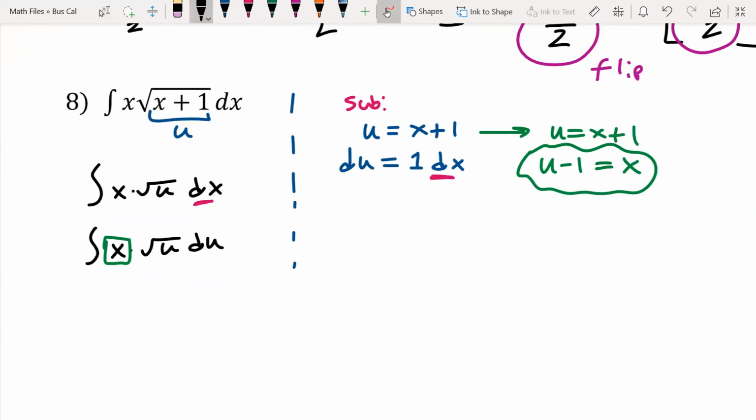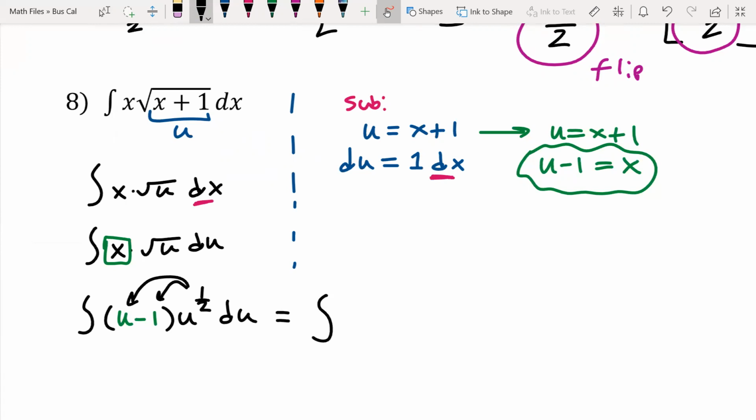And then we get the integral of u minus 1 times, and the square root of u, I'm going to rewrite as u to the 1/2 du. Okay. And then we're going to distribute u to the 1/2.